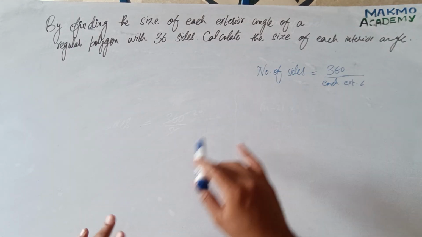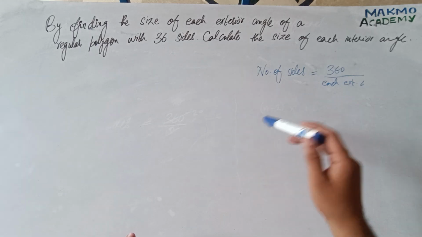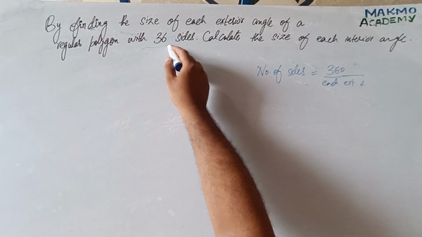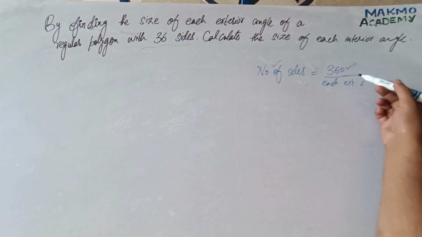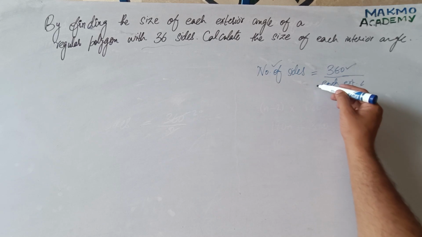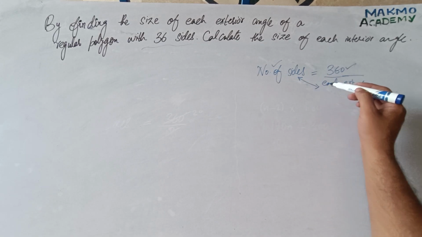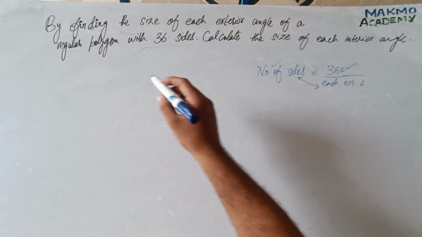Now we will use the same formula. Number of sides is equal to 360 divided by each exterior angle. Number of sides is given in this question as 36. 360 we already know, but each exterior angle is unknown. So we will make each exterior angle the subject of the equation.